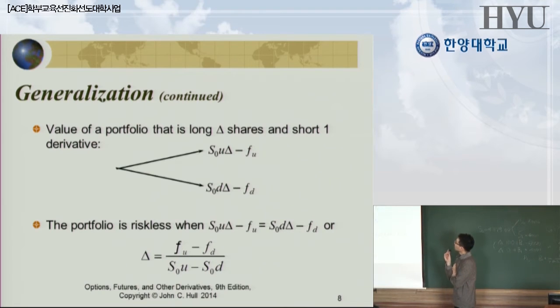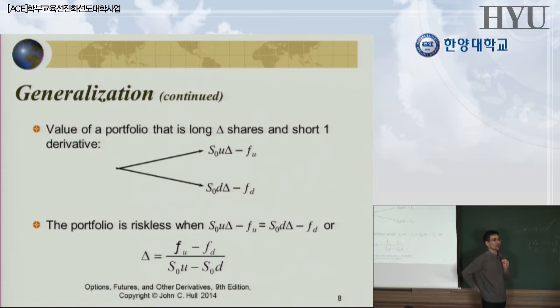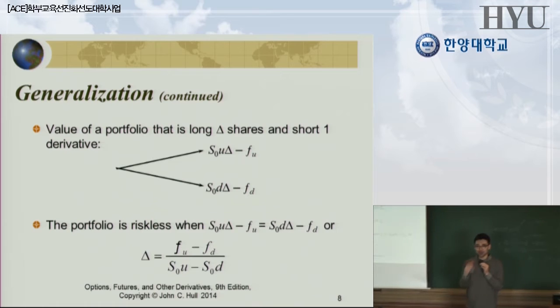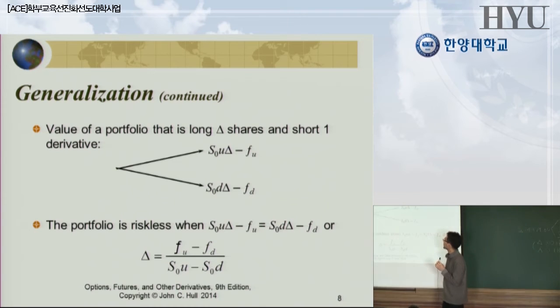In the second scenario, when the stock price goes down, it becomes S0D delta minus FD. So our portfolio has this value or this value depending on the scenario. Because we want to make a risk-free position, we can make these two equal. Then whatever happens, we have exactly the same money.